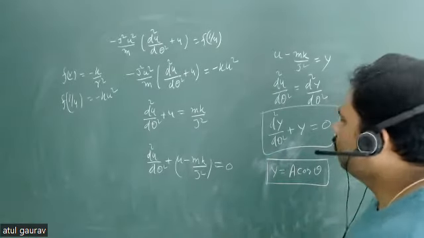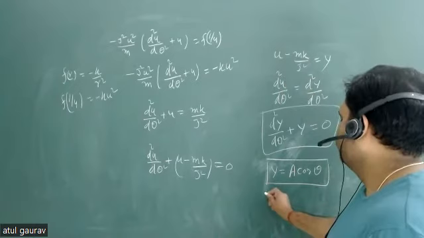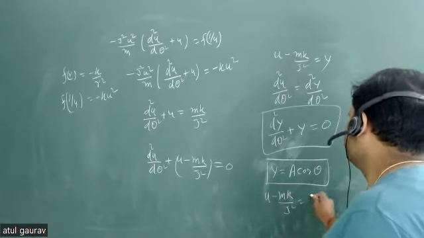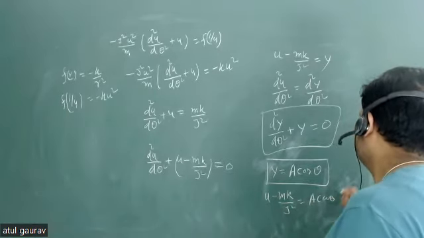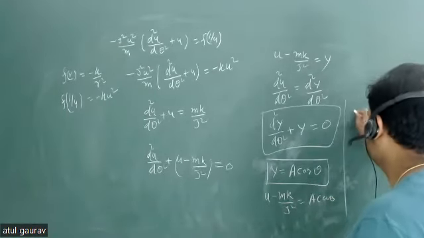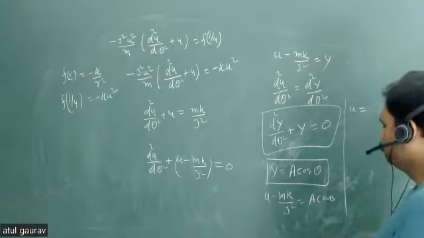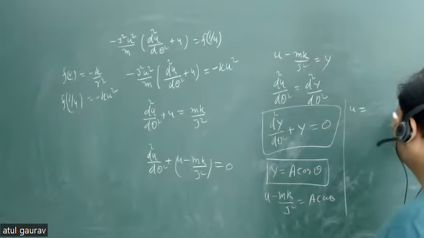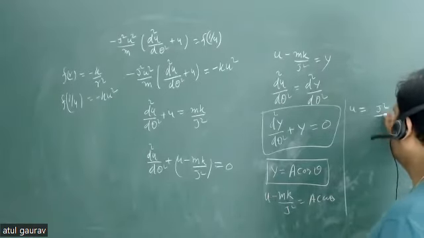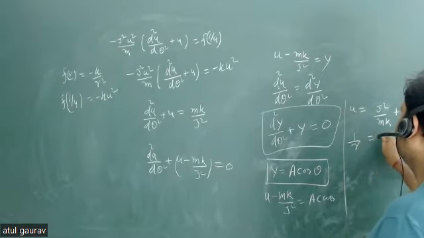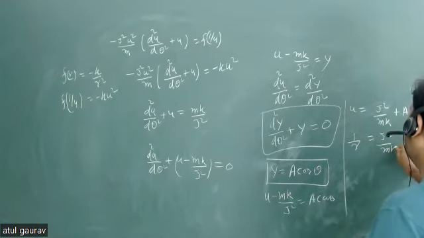So if y is equal to a cos theta, what is y? Y is nothing but u minus mk upon j square equal to a cos theta. And what is your u? You have u equal to mk upon j square plus a cos theta. So 1 by r is equal to mk upon j square plus a cos theta.